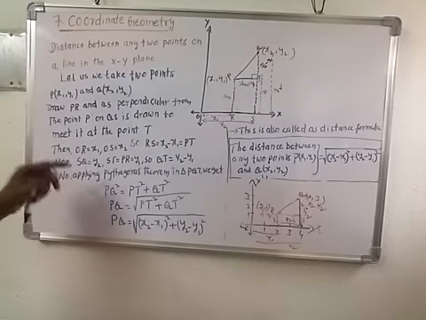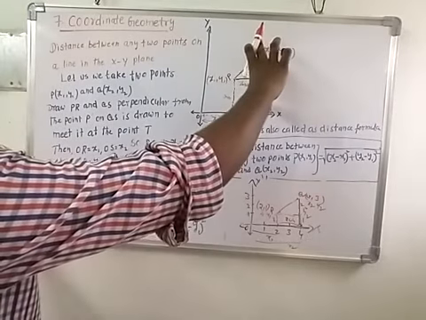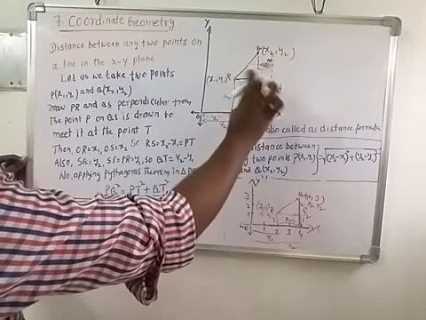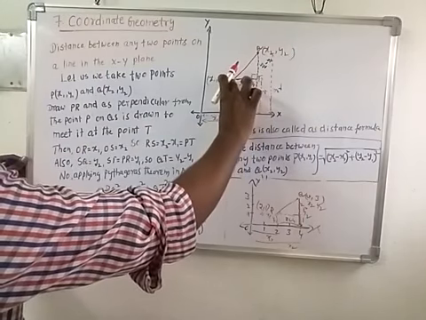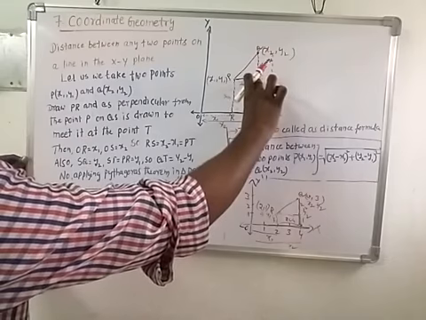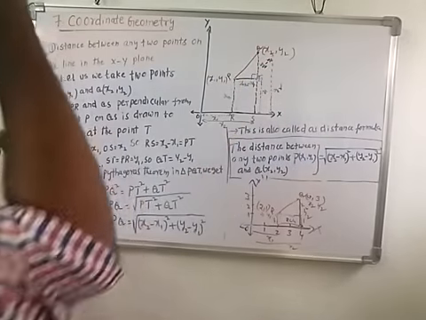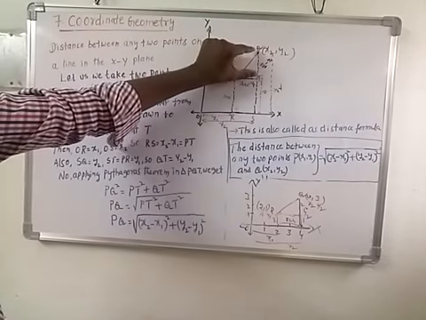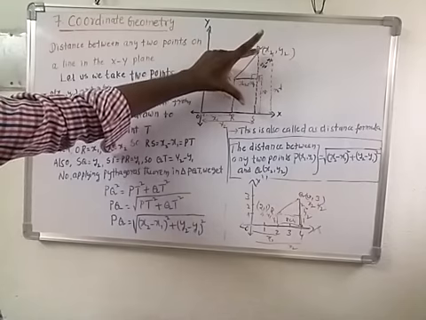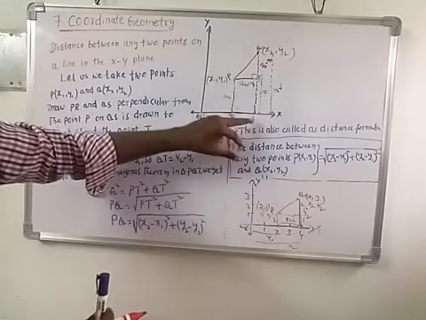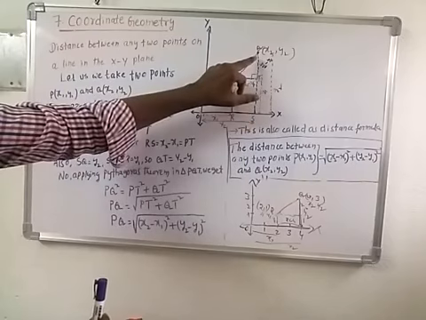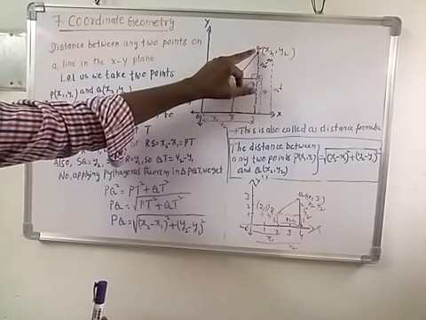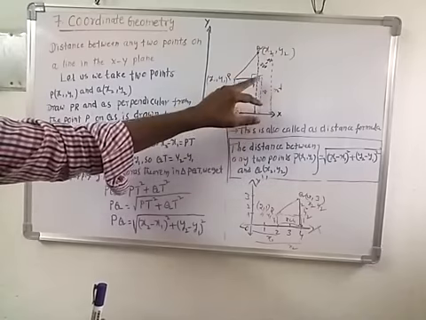And also SQ is y2, and PR is equal to y1, that is also equal to ST, which is equal to y1. But now what is the distance of QT? So QT is equal to SQ minus ST. SQ is y2 minus ST is y1.